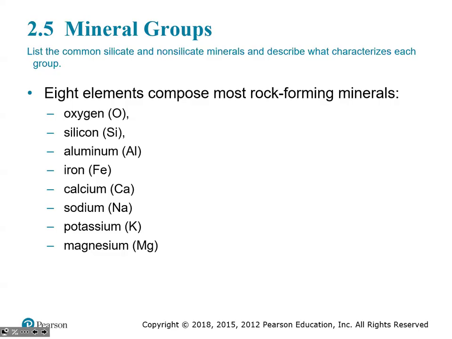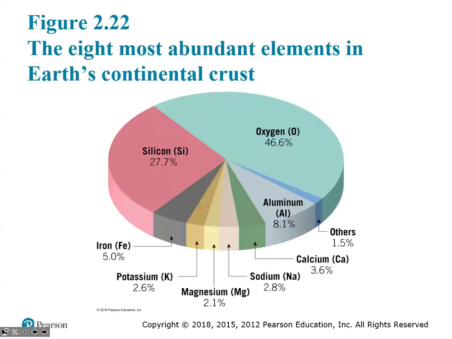There may be small amounts of various impurities. There may be some other things in there, like rubies are aluminum oxide with a tiny bit of chromium, which is not on this list. But the chromium makes it a ruby, it makes it red. And so here's the distribution.